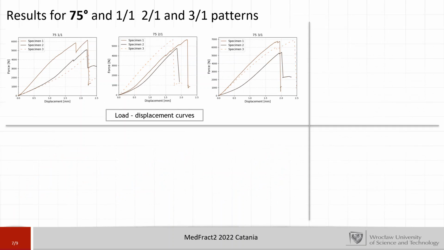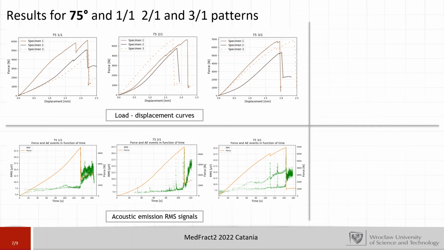The last group of specimens is 75 degrees, in which we also produced 3 different mosaic patterns. In this case, a lot of acoustic emission signals occurred before the final failure for 2x1 and 3x1 mosaic patterns.